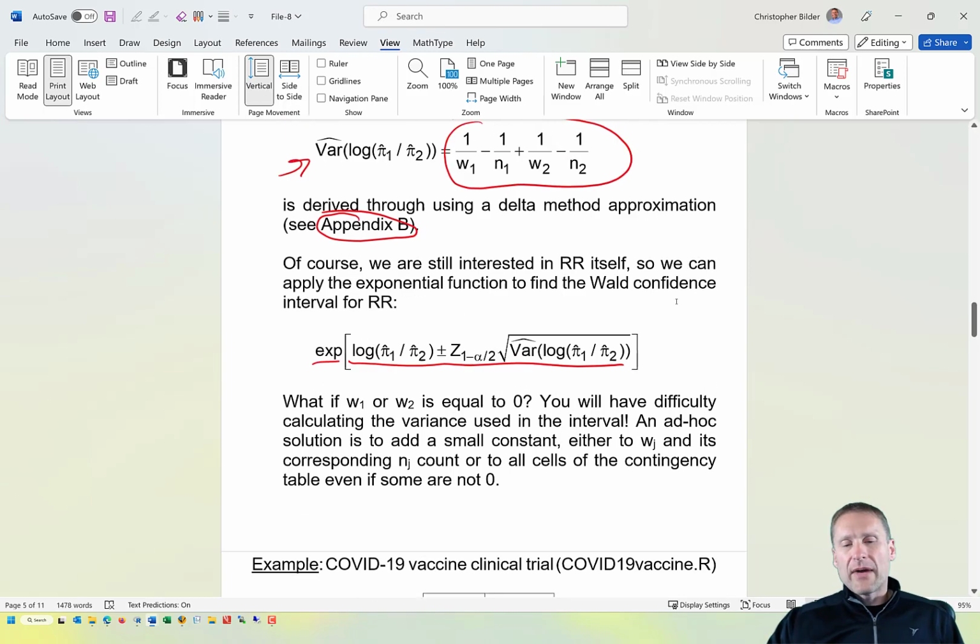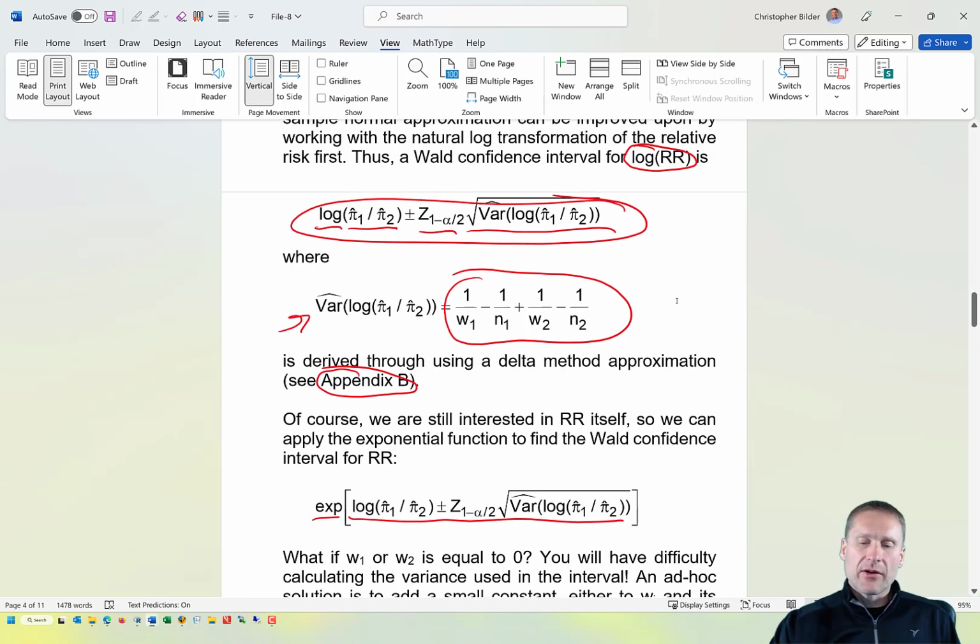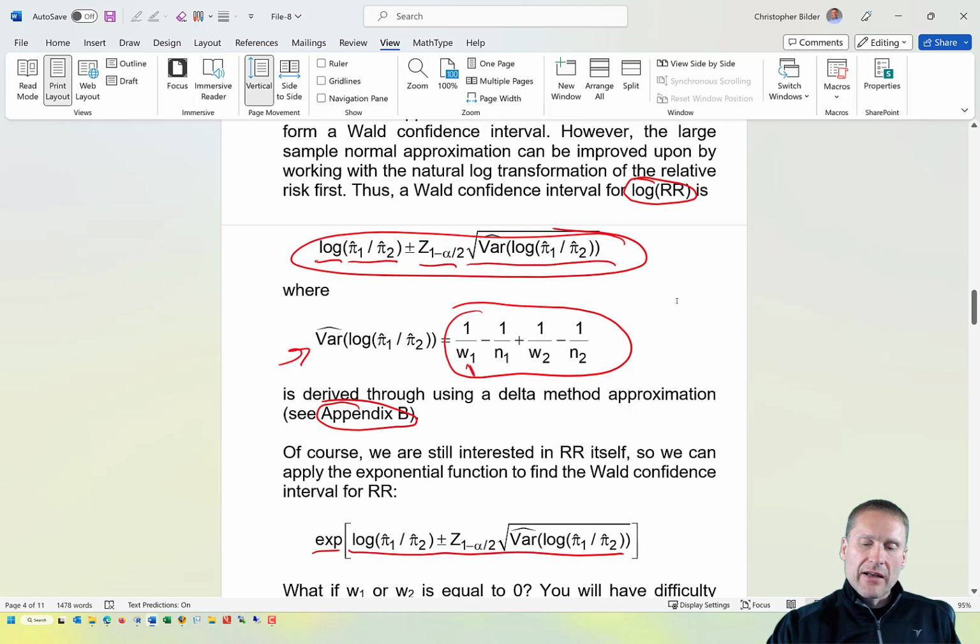Now if we take a look back at this variance here, you'll notice that I have W1 in a denominator. I have a W2 in a denominator as well. What happens if you observe 0 successes for one of these groups? Well, you're not going to be able to calculate this value.